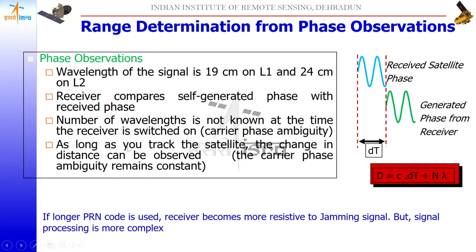As long as you track the satellite, the change in distance can be observed and the carrier phase ambiguity remains constant. So this ambiguity, lambda times N, is always there. It is very difficult to remove, but with some knowledge we can model this also.